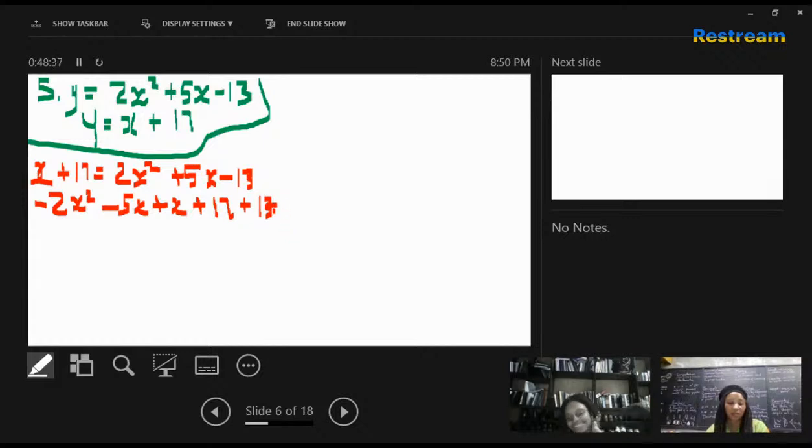Okay, so now we simplify. Negative 2x squared, negative 5x plus x is going to be negative 4x, madam. And 17 plus 13 would give us 30, so positive 30.